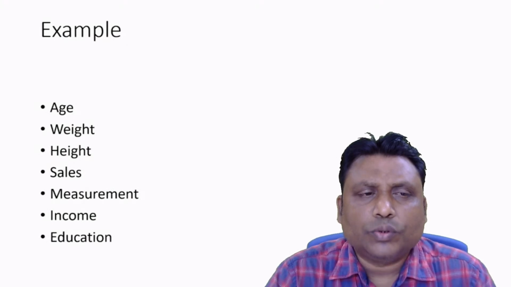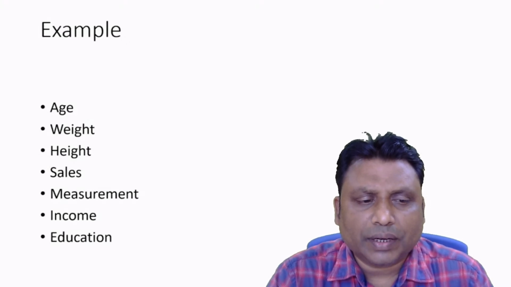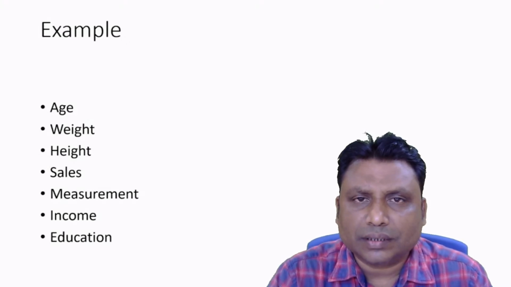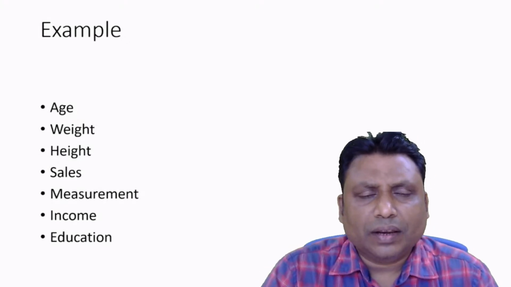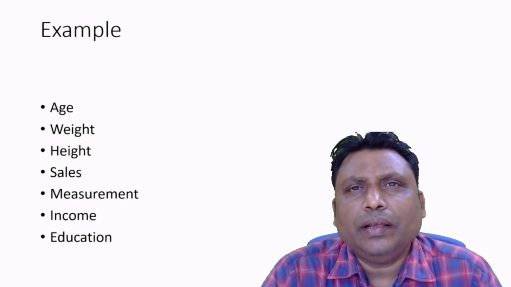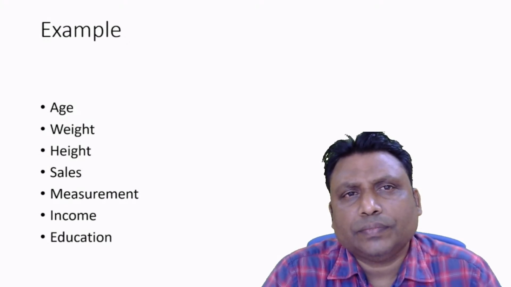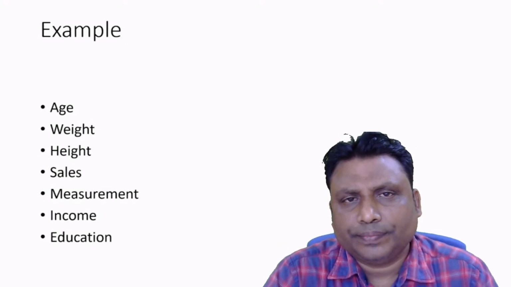Similarly, we can use these techniques in age cases, weight cases, height cases, sales cases, measurement cases, income cases, education cases. How can you implement the ratio scale for age? Suppose we are checking which age group of students smoke more.